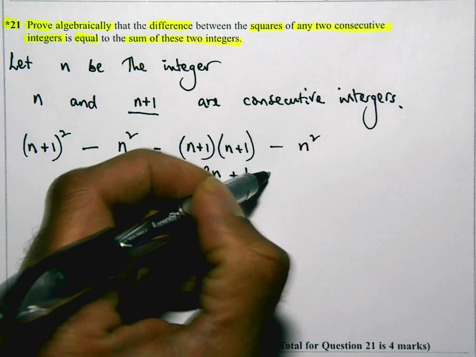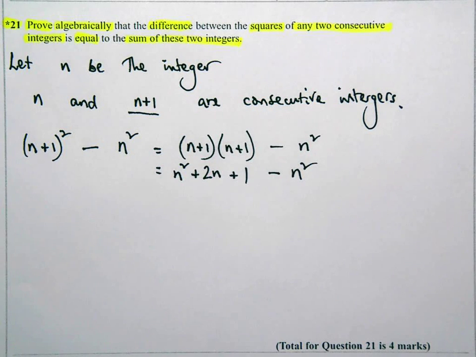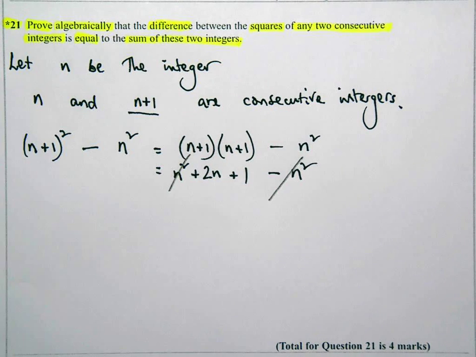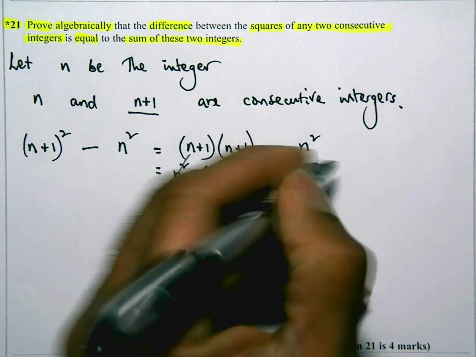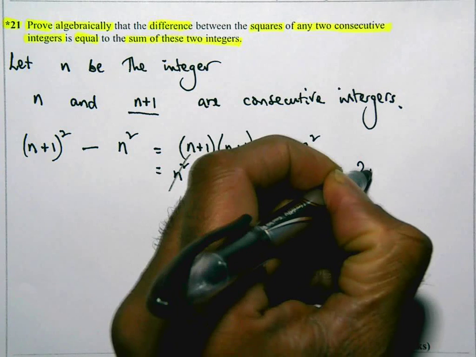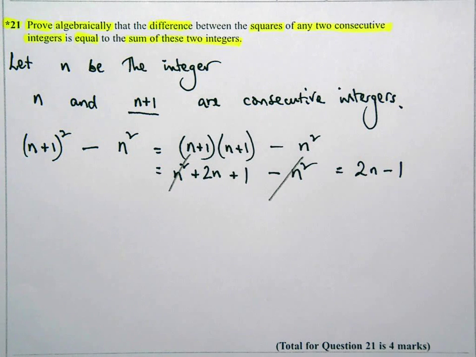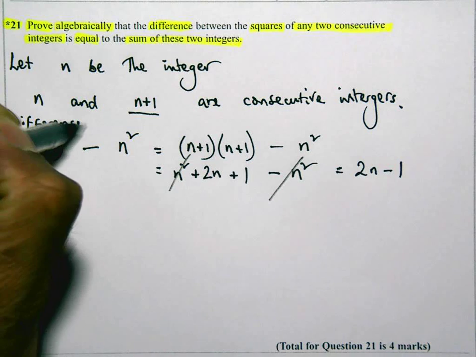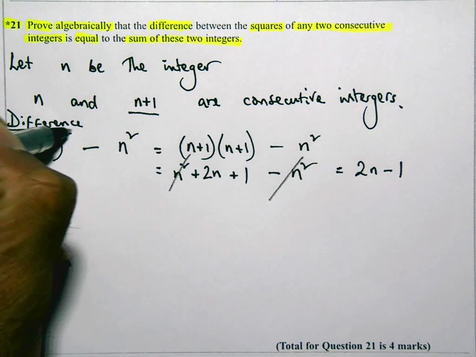Minus n squared. Now, that n squared there is going to cancel out with the minus n squared, and all of that just leaves me 2n plus 1. Okay, so what we've just worked out is the difference between the squares of two consecutive integers.